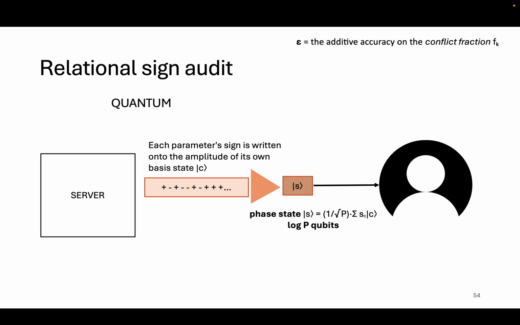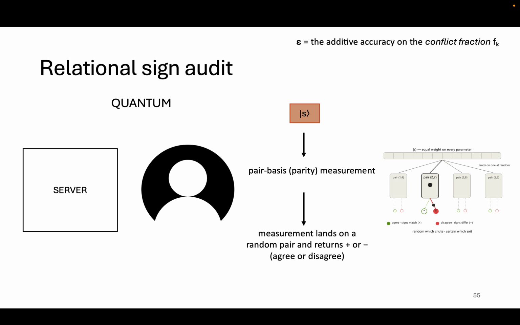We can encode each parameter, write each parameter into an amplitude of its own basis state, and send forward from the server to the user a phase state that would be encoded into log p qubits. From there, with this state, we can start doing a series of pair-basis or parity measurements, and by definition of what those measurements mean, randomly land on pairs and return whether they agree or disagree.